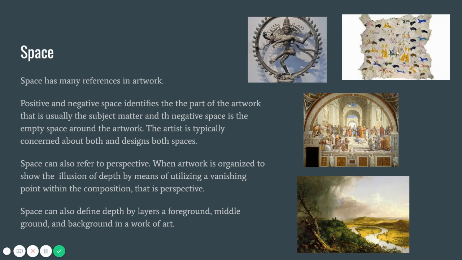So a couple of examples up here in this right-hand corner, we have a lot of recognizable shapes here that are silhouettes of animals and some teepee shapes, a few human shapes, right? But that's the positive space because that's the subject matter.